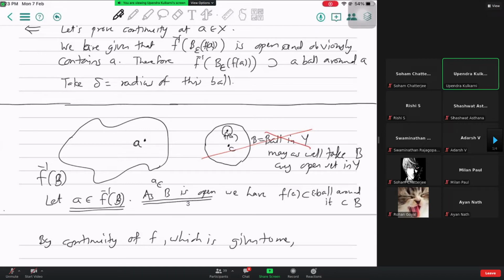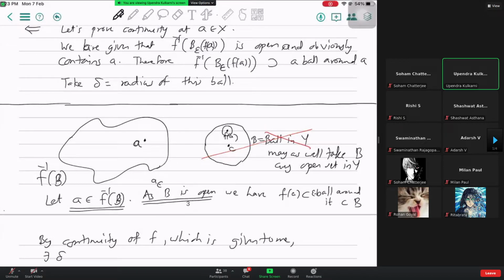And because A is a point of an open set, that means I can put a ball around it inside that open set. Now F is given to be continuous. So what does that tell me?